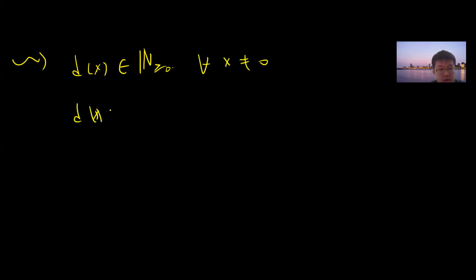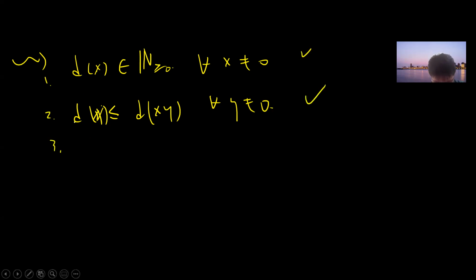Also, d(x) is less than or equal to d(xy) for all y nonzero. This is the first and second property, and these are all easy, right? And the third is a little bit difficult.